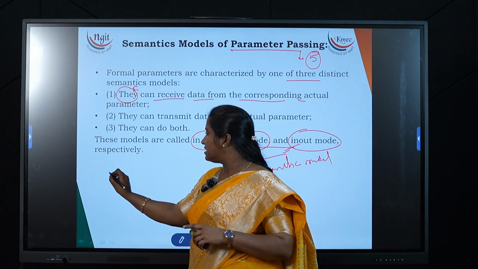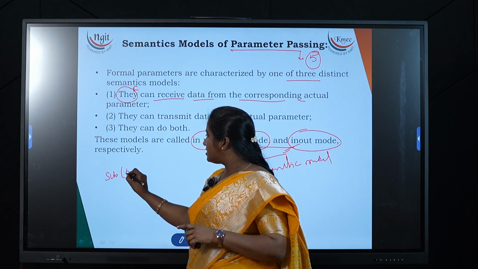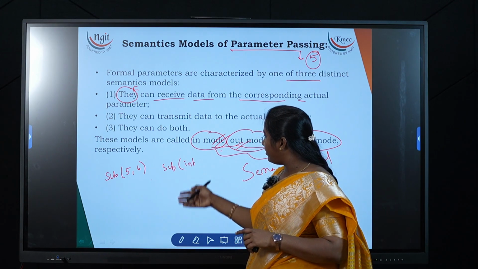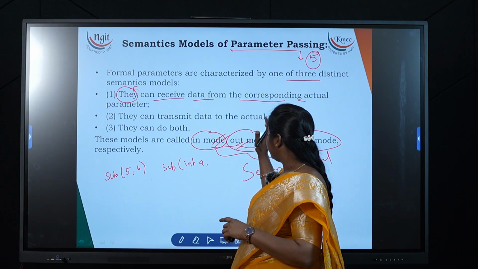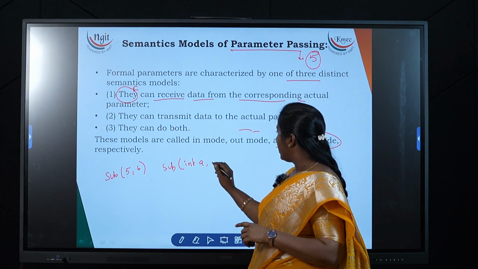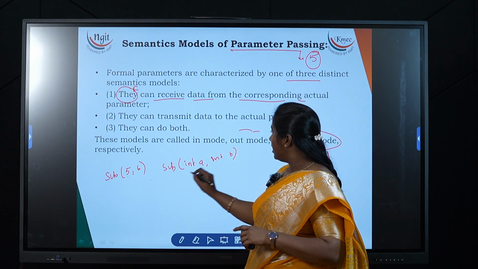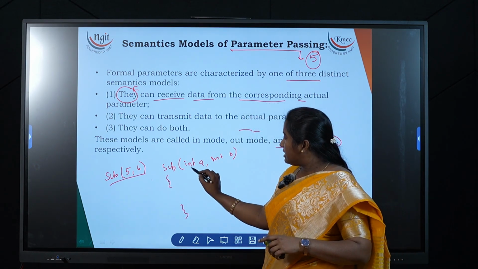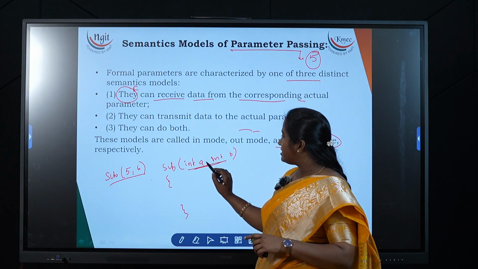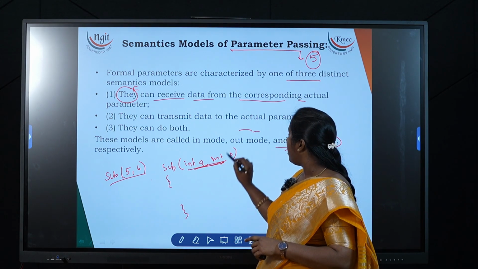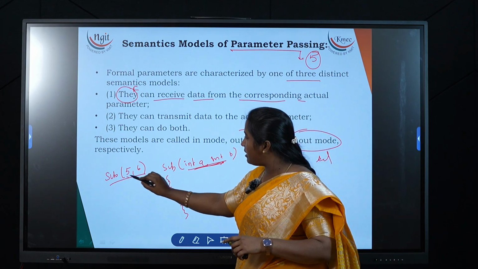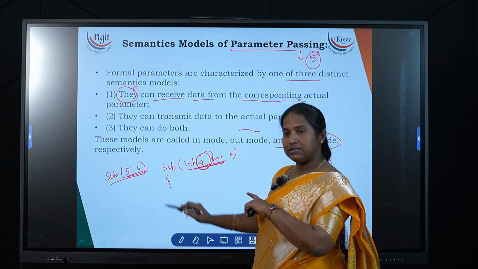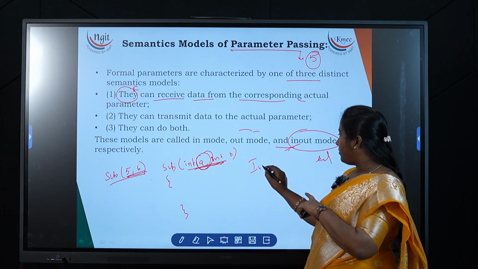So I wrote two functions just before: sub(5, 6), and sub with the definition int a, int b. This is the function definition and this is the function call. These parameters can receive data from the corresponding actual parameters. When they receive the values, it is called in mode.